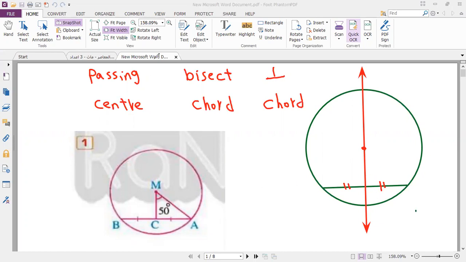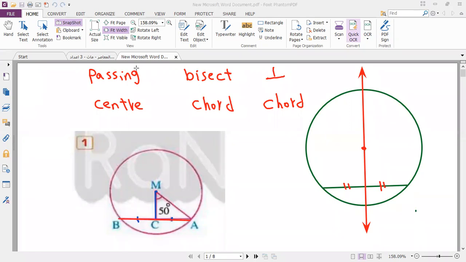So here in this example, we have a straight line, which is MC, this small line segment. This line segment is passing through the center of the circle, M here, and bisects this chord. AB is a chord here.